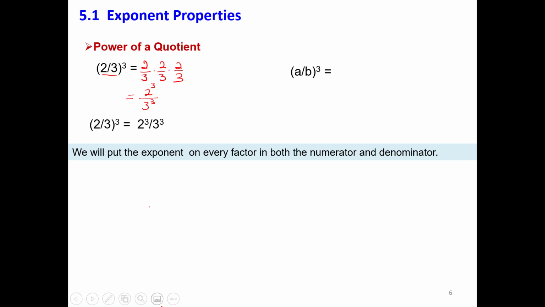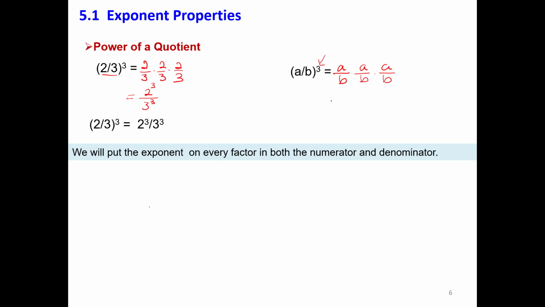We don't need to do all this part if we apply this rule. Again, we can apply the same rule if we have variables. In this case, the base is a over b, and we multiply it 3 times.